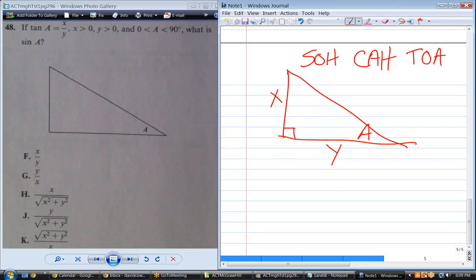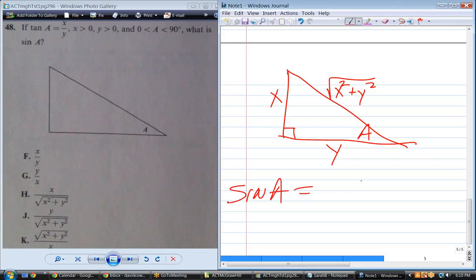In other words, this was X and this was Y because tangent is opposite over adjacent. So what's the hypotenuse here? X squared plus Y squared is going to equal the hypotenuse squared? Yes. Square root of X squared plus Y squared. Very good. Now what is the sine of A?